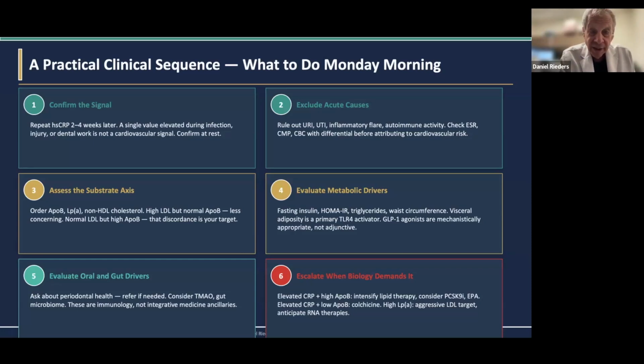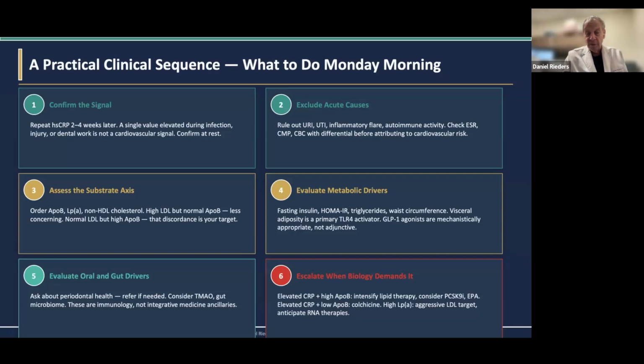We figure out what's going on. We start being a little more scientific about this, and we evaluate for metabolic drivers. And then we look at the mouth and the gut, send people to the dentist, make sure they're brushing the gums and teeth and using a water pick type device.